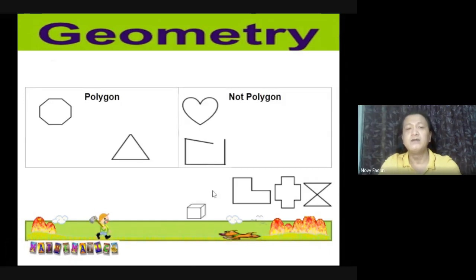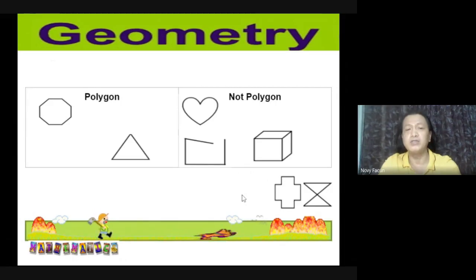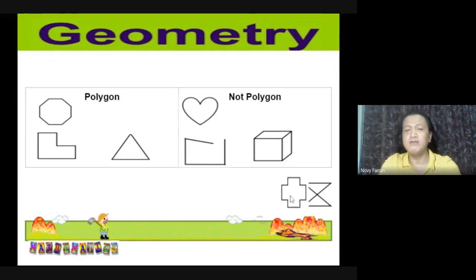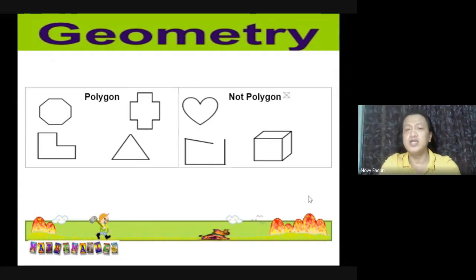Next, we have this shape, it is not polygon. And we also have this shape belonging to polygon. And we also have this shape that belongs to polygon. And last one, this shape is not polygon. So, ano kayang ibig sabihin ng polygon? Bakit kaya ito ay hindi polygon? So, yun ang aalamin natin.